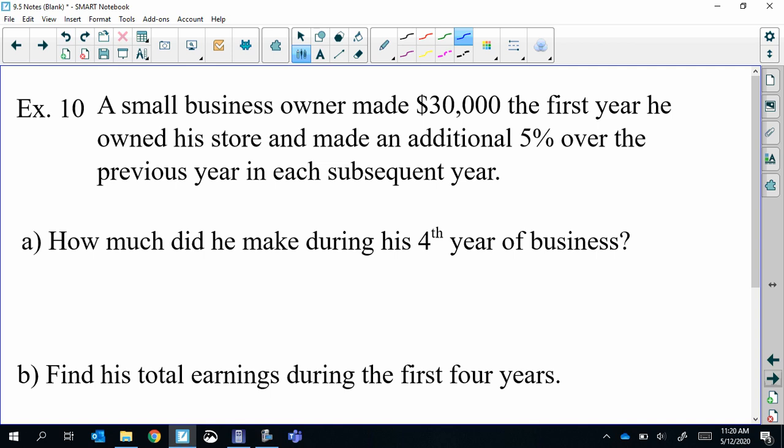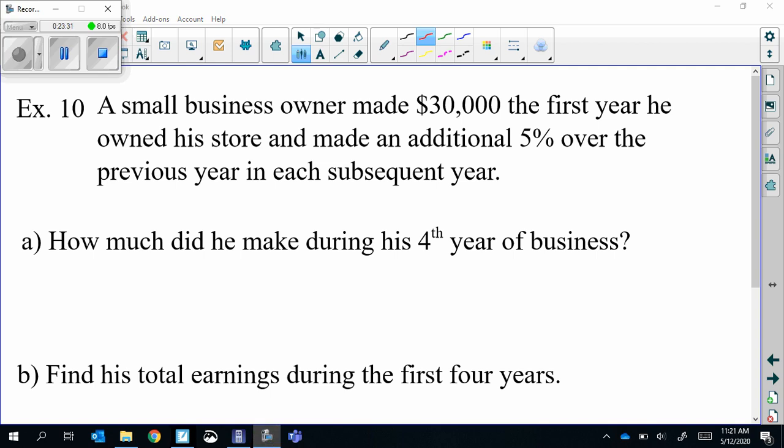All right, so here's a word problem, a real-life sort of example that would work using the same idea. Looking at profits, how much money your business is making. So 30,000 the first year, and each year he makes an additional 5% over the previous year.